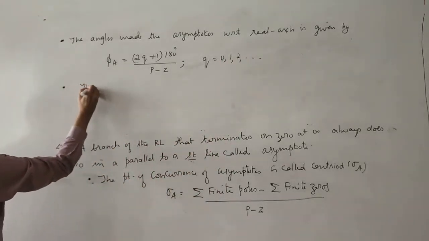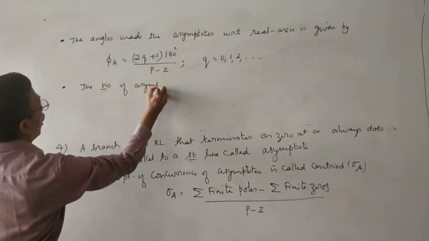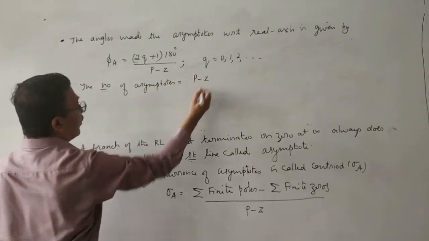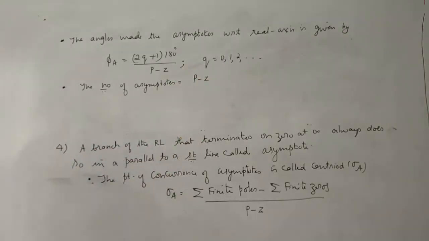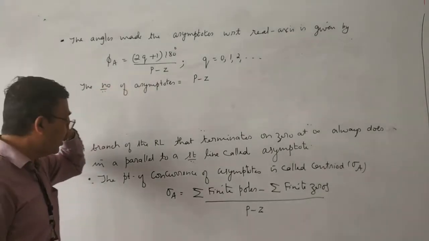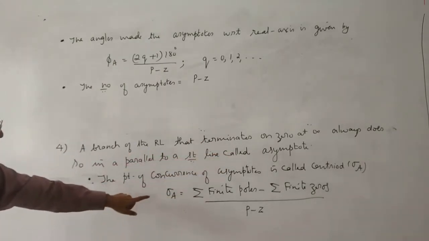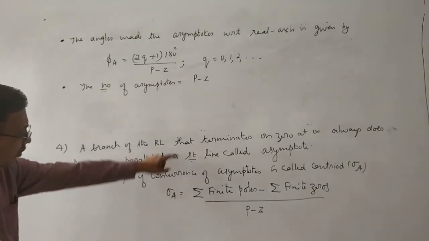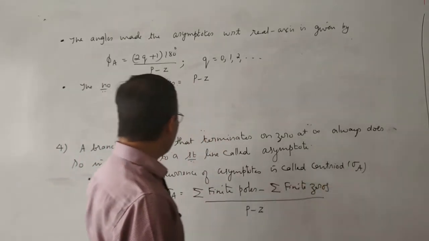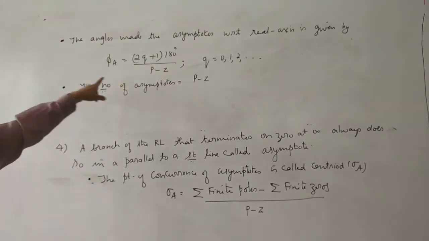Lastly, the number of asymptotes. Number of asymptotes equals P minus Z. The point of concurrence of asymptotes is called the centroid, calculated with this formula: sigma A equals summation of finite poles minus summation of finite zeros, by P minus Z. The angles made by the asymptotes with respect to the real axis are given by this formula.